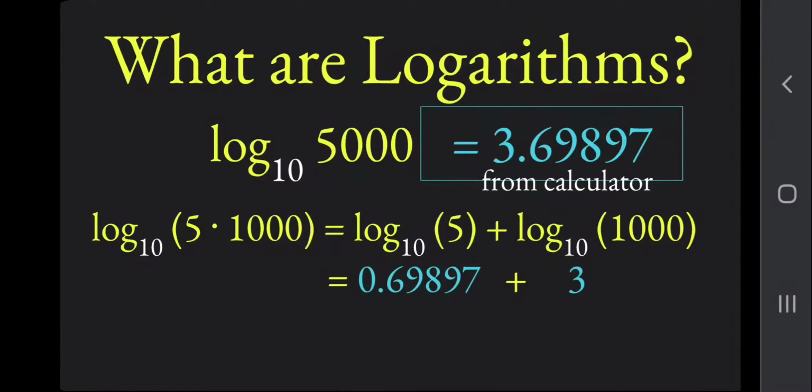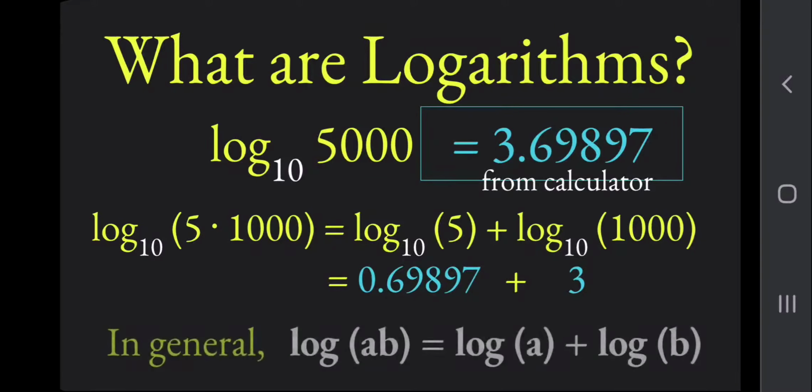And if you look up independently what log base 10 of 1,000 is and what log base 10 of 5 is, you'll find that you get 3 and 0.69897. So you see that we've been able to split up the log of 5,000 into the log of 5 plus the log of 1,000. In general, there's a pattern that logarithms follow, that the log of a product of, say, a, b, is going to be log a plus log b.